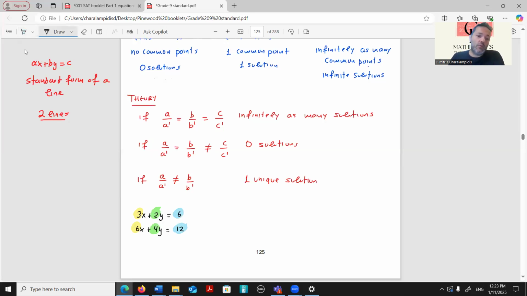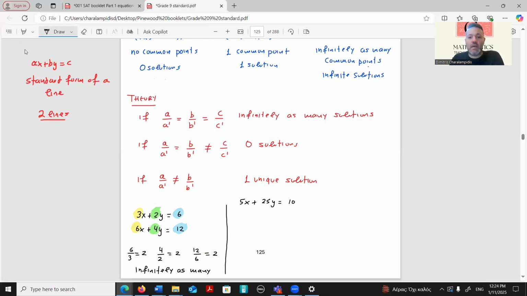So I would go and say 6 over 3 is 2. 4 over 2 is 2. 12 over 6 is 2. All of them ended up to the same answer. This means infinitely as many solutions.